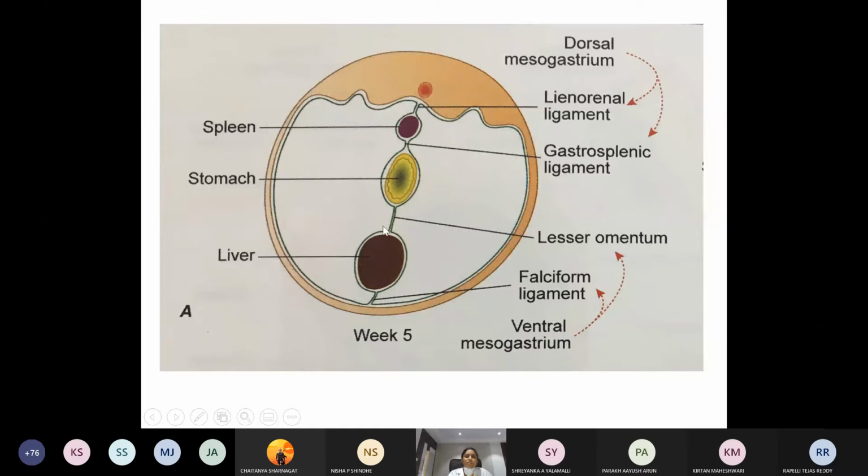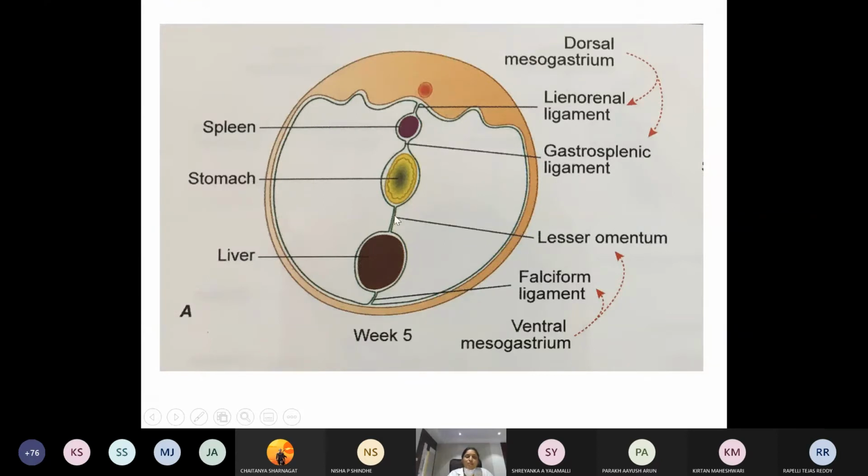Now here there will be a ventral mesentery. But what is happening is the liver is coming in between here. Clear? So liver grows from the endoderm of the foregut a little caudal to that of duodenum. Okay. So I will show that also later. So here liver will grow.